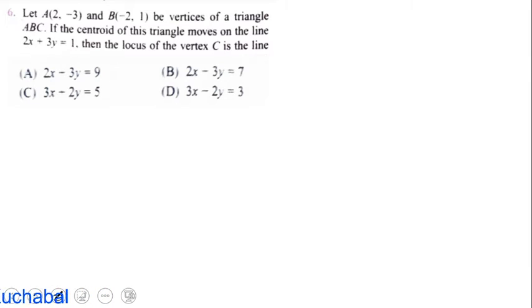We will move to the next example. Example number 6. Let A, B points be given, vertices of triangle ABC. If the centroid of this triangle moves along the line 2x plus 3y equal to 1, the locus of the vertex C is the line we have to calculate here. Okay, so we will do a diagrammatic representation.